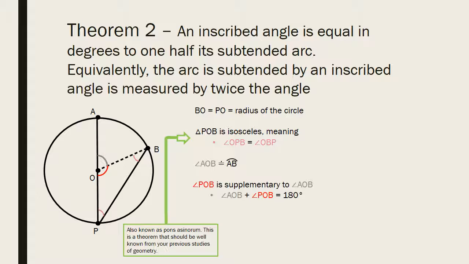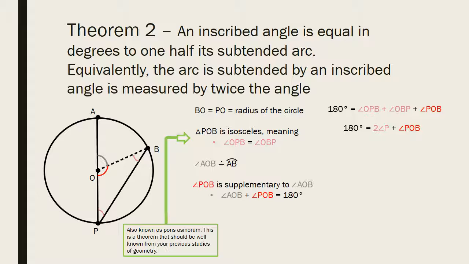So we can say 180 degrees equals angle OPB plus angle OBP plus angle POB. And we already established that OPB and OBP are the same. And for short, we're just going to change that to angle P. So we can say that 180 degrees is equal to 2 angle P plus angle POB.